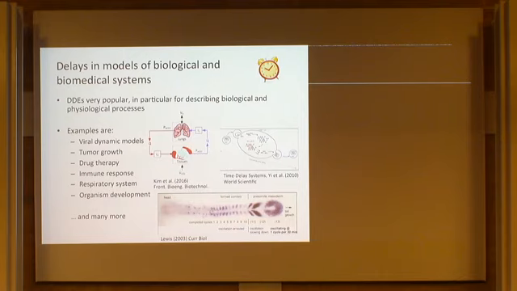Since then, delays have become more and more popular, in particular for describing biological and physiological processes, and I give you a few examples. For instance, here we have a viral dynamic model. Specifically, it's HIV: the virus enters the cell, then we have an intracellular time delay until viral production and the release.